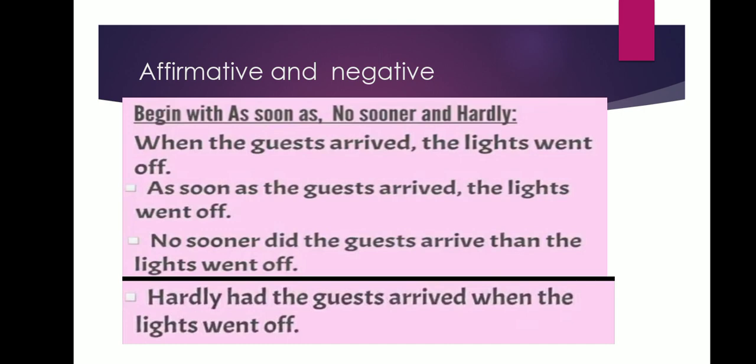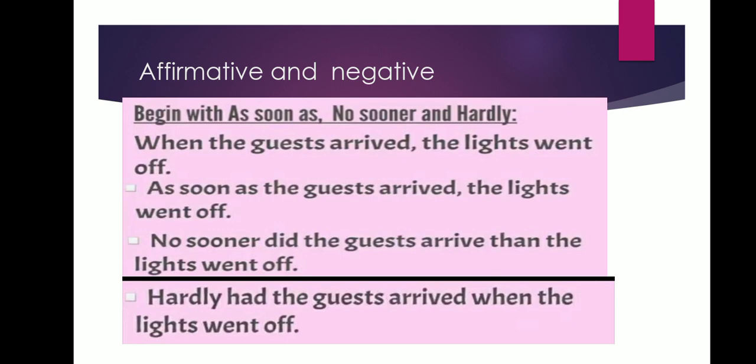Negative sentences can use no, meaning they have a negative meaning. But you have to remember that when you are transforming the sentence from affirmative to negative or negative to affirmative, the meaning should not change. The meaning will be the same.